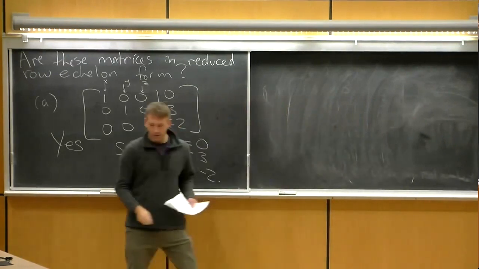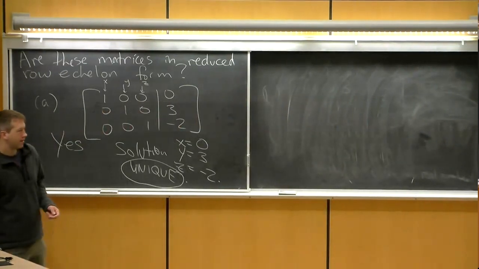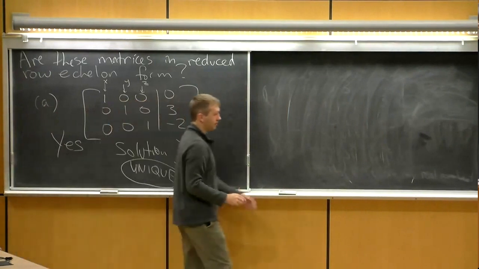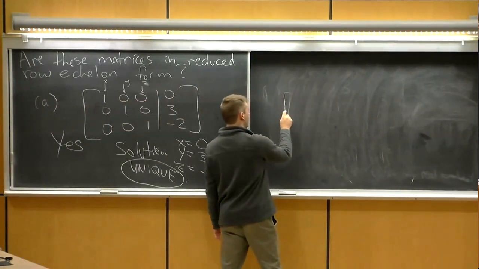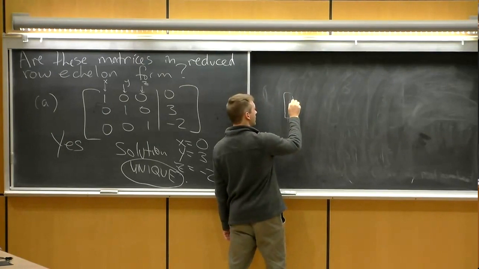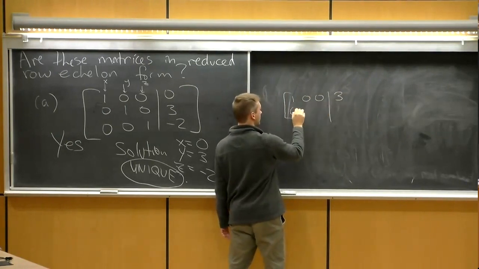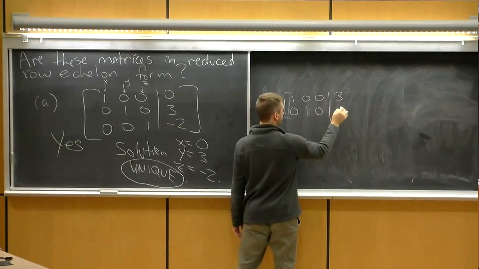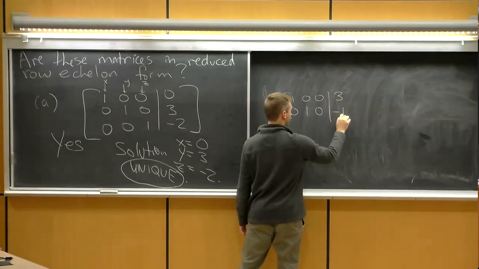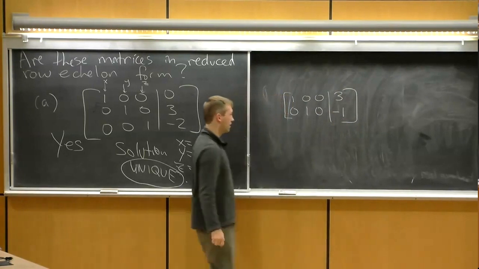I guess if you think through an example, imagine you have 3 variables and only 2 equations. You could have, for example, this, right?